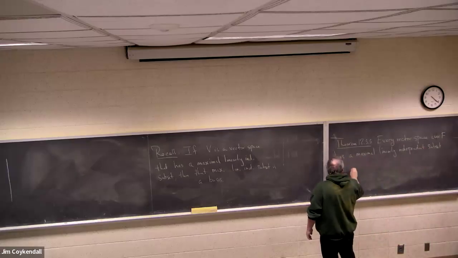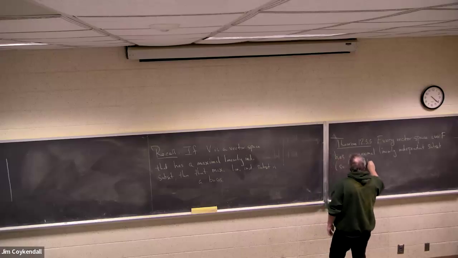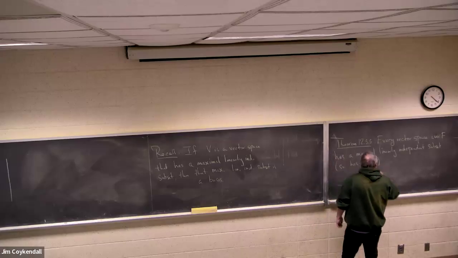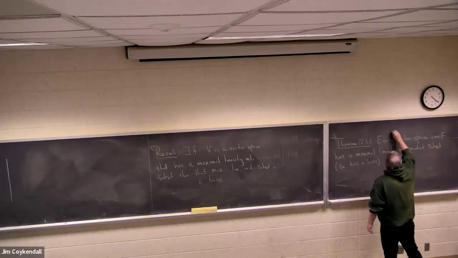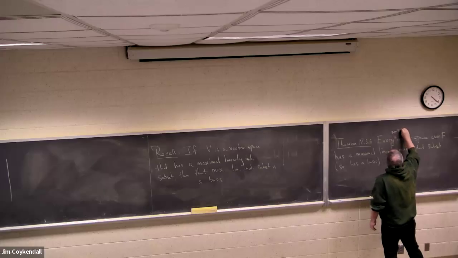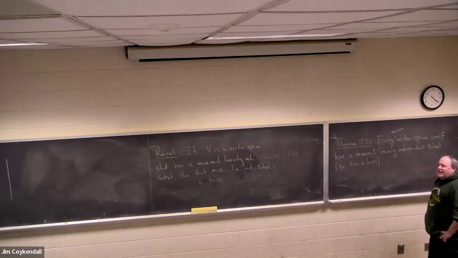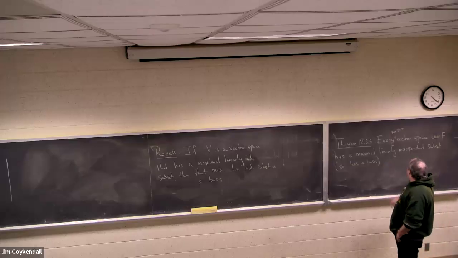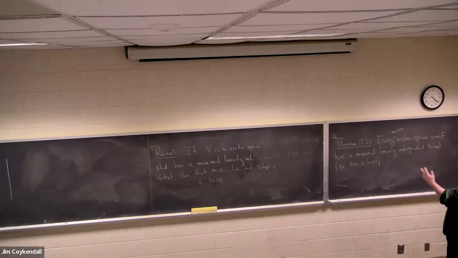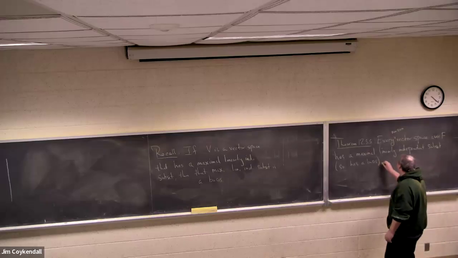So it has a basis. Let's say every non-zero vector space, because of course the vector space zero has no linearly independent subset. So every non-zero vector space over a field, actually over a division ring, has a maximal linearly independent subset. So it has a basis.